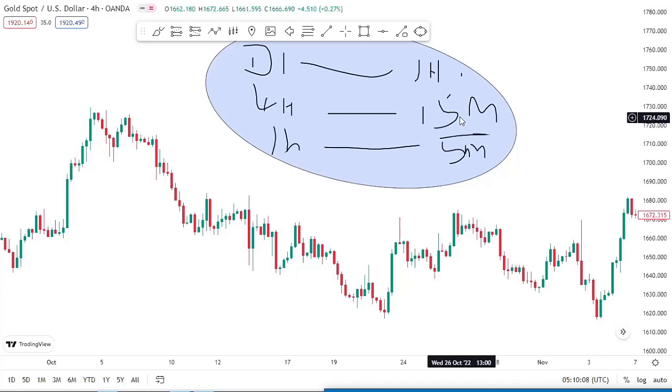If you've decided that, then I'm giving you this time frame correlation right now. If you're a swing trader, consider daily and above as your structural time frame. And if you are an intraday or day trader, consider 4 hourly time frame as your structural time frame or your higher time frame.